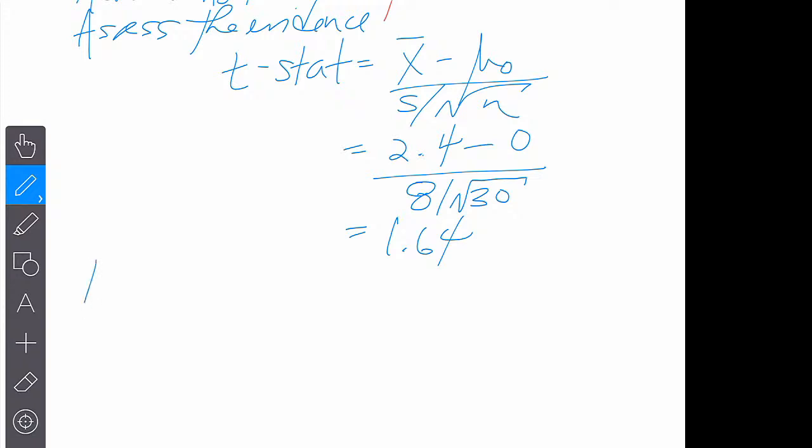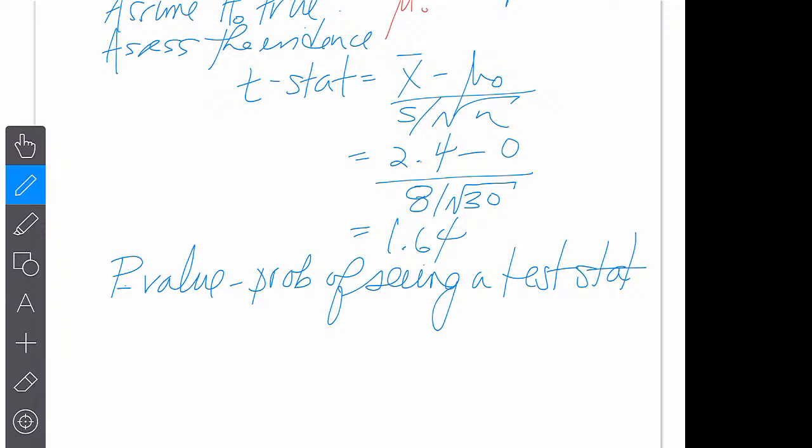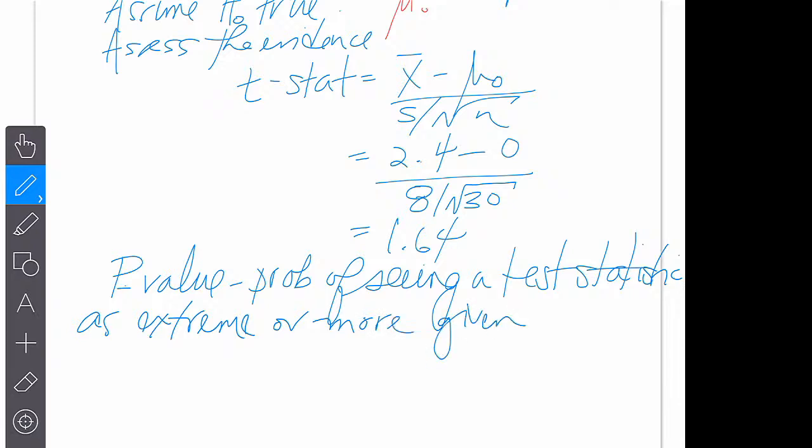The p-value would be calculated, again, as the probability of seeing a test statistic as extreme or more extreme given H not true.